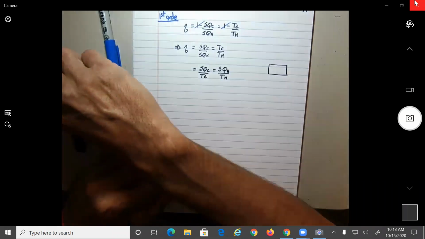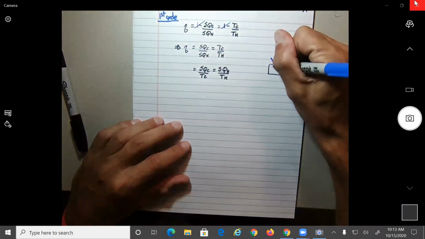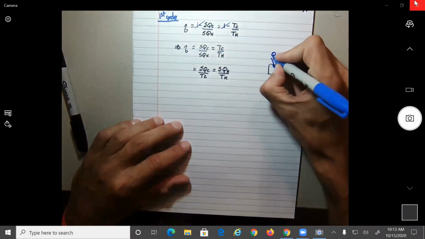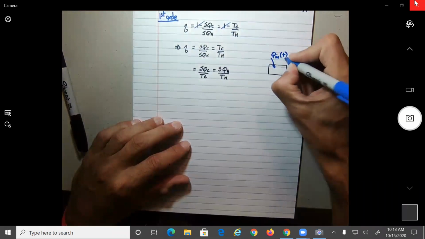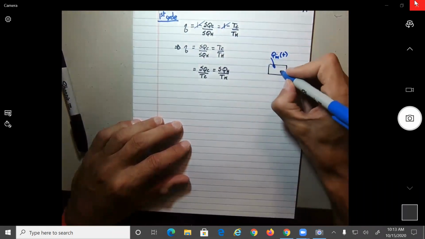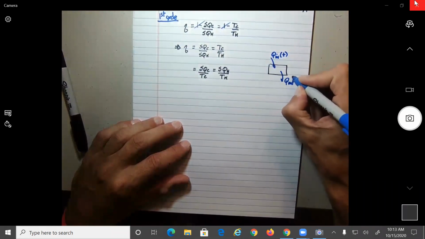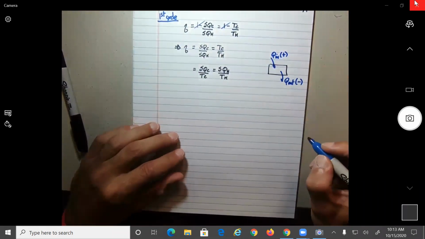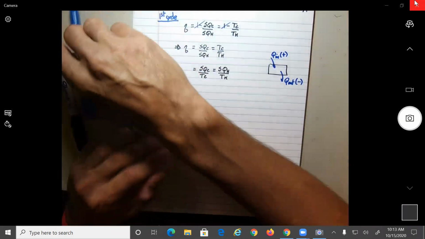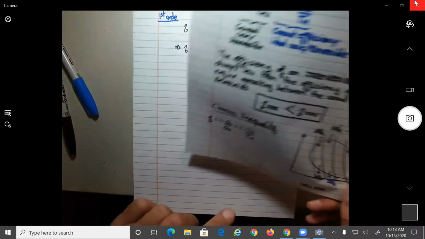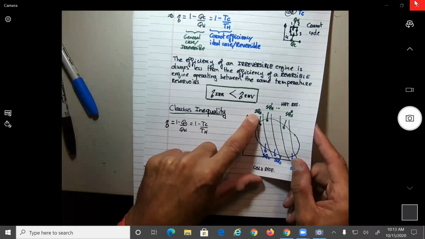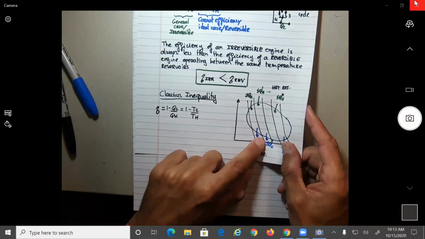Now, for a system, what is the sign convention? Heat going in is positive, and heat coming out is negative. So now the heat hot is positive, and the Q cold is negative.